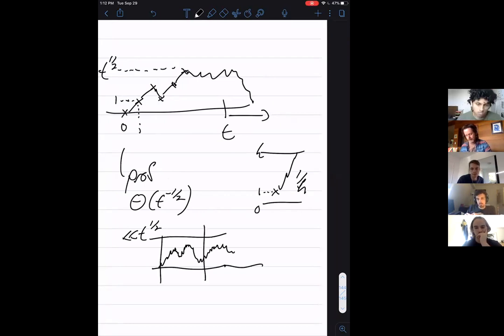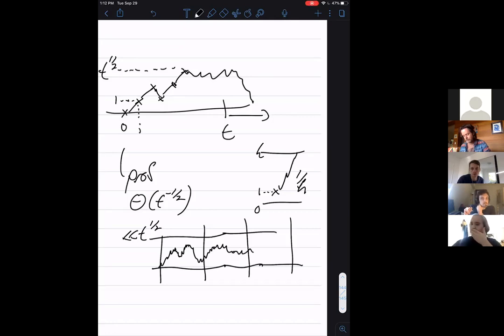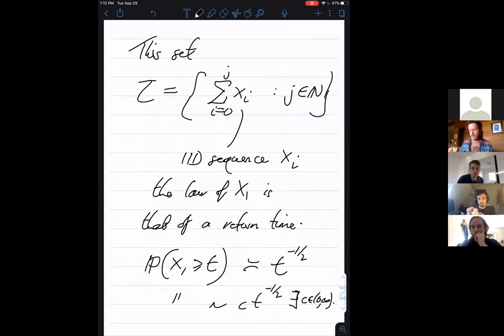There's a natural square relationship between vertical and horizontal here, and there are going to be many pockets like this that we're going to have to endure before coming back here at time t. It's not really a rigorous argument, and I don't propose to give one. I don't suppose it would be terribly difficult to do that, but that's an indication for why we have this 1/2 power, okay?